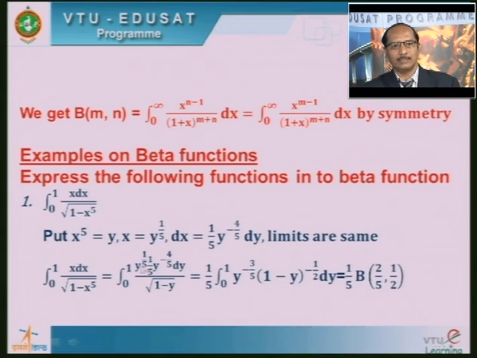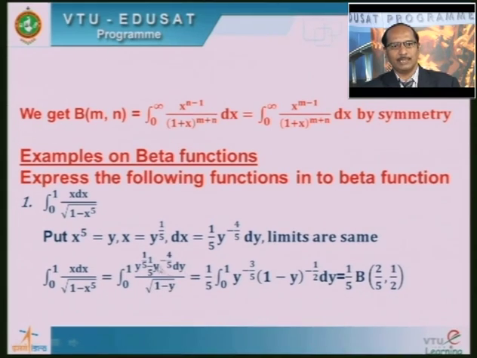Now, simplify this. 1 by 5 is a constant, taken outside, integral 0 to 1. Simplify y powers. y power is 1 by 5 and minus 4 by 5. Adding these two, y power 1 by 5 minus 4 by 5 is minus 3 by 5. And what is the power of 1 minus y?